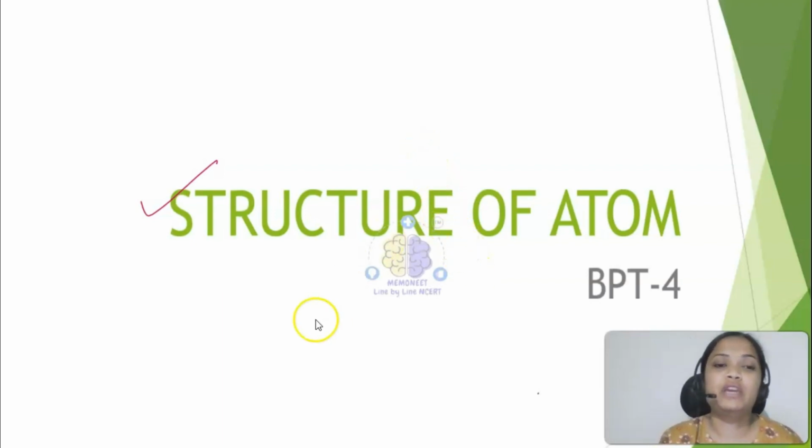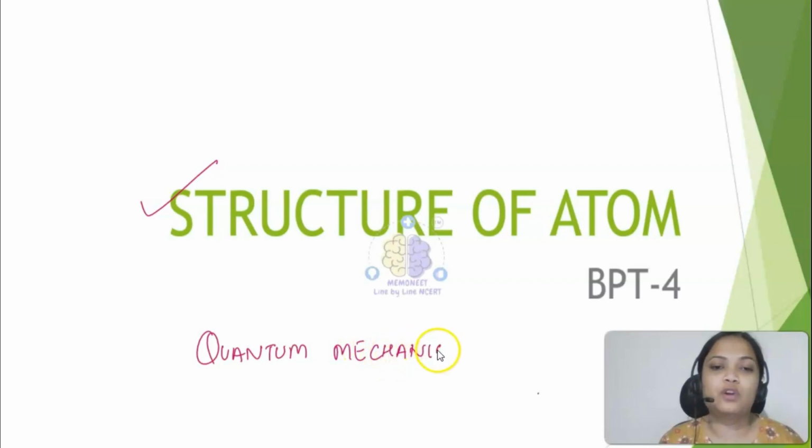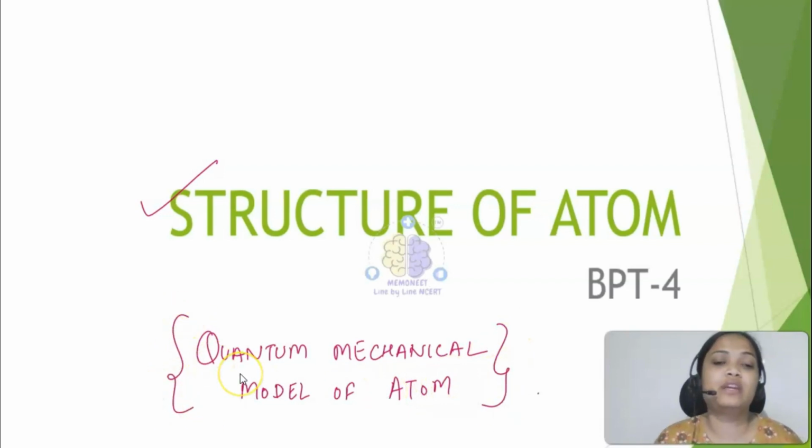So today we are going to focus on the quantum mechanical model of the atom, because Bohr's model also had certain limitations, so those were again overcome by the quantum mechanical model, right?